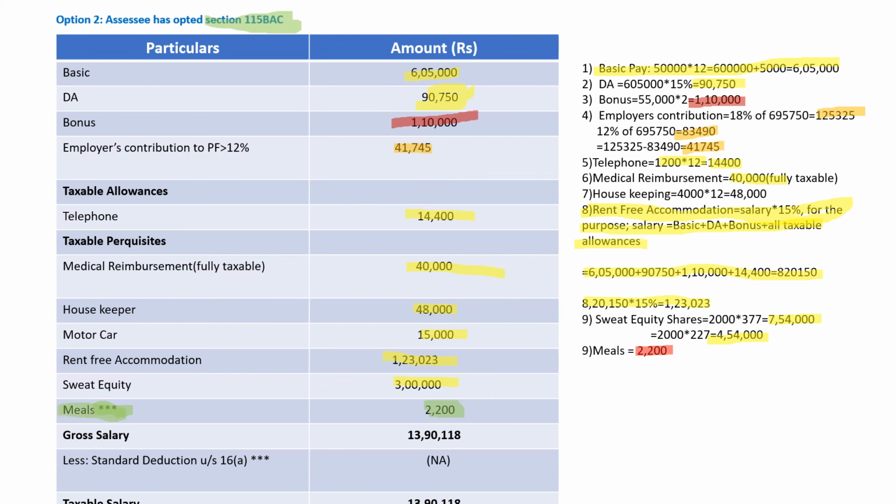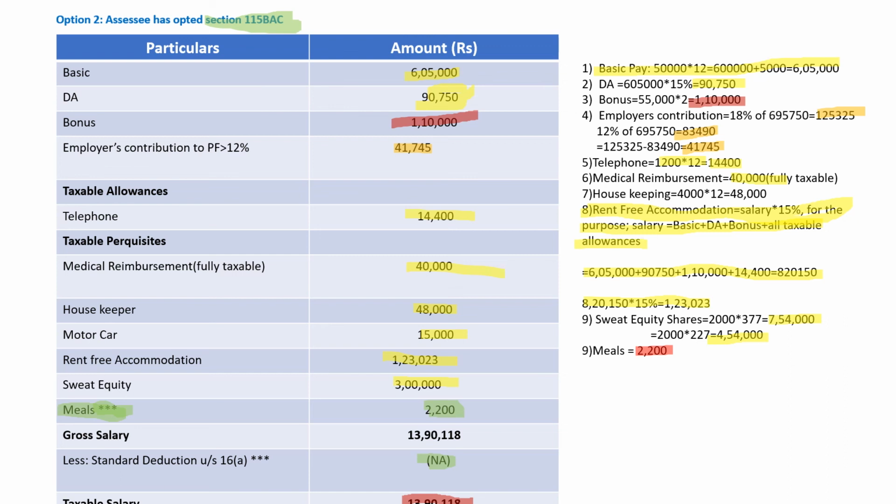Then deductions are not applicable here because the SSC has opted section 115 BAC, and after that we will get a taxable salary of rupees 13,90,118.